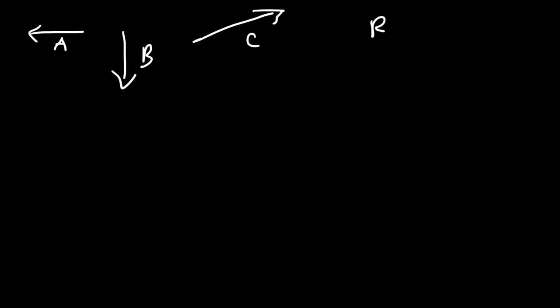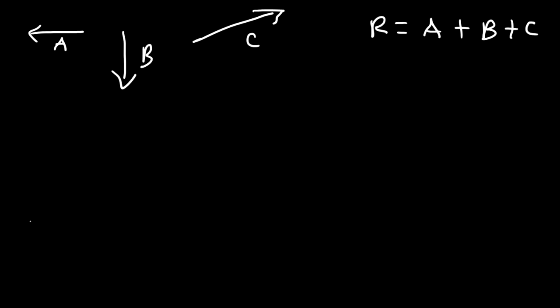Sometimes you may need to add 3 vectors graphically. So let's say this is A, and this is B, and this is C. Find the sum of A, B, and C. It really doesn't matter which one you choose to start with.